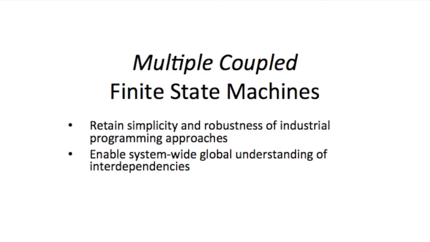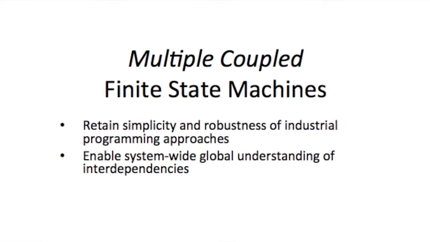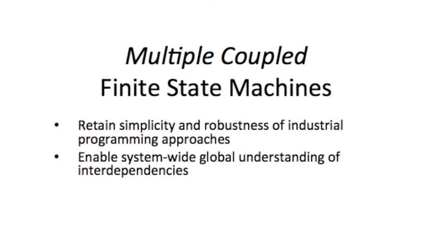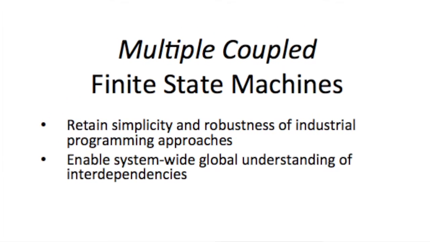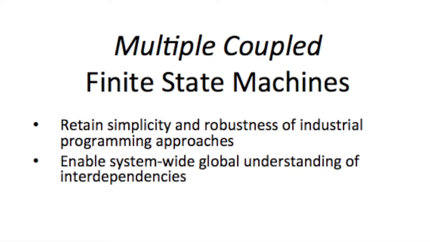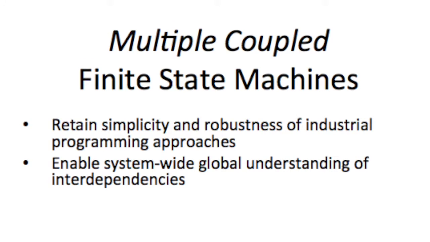Our proposed approach of McFSM, short for Multiple Coupled Finite State Machines, solves two important problems. It is based on very solid and reliable techniques for programming industrial systems, and it allows for a system global description of appliances.